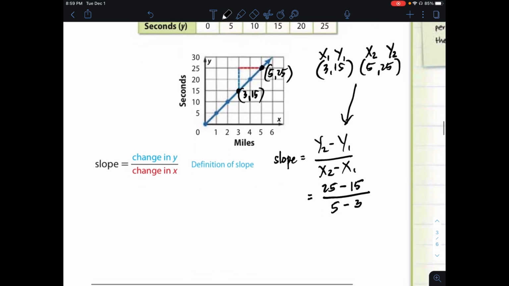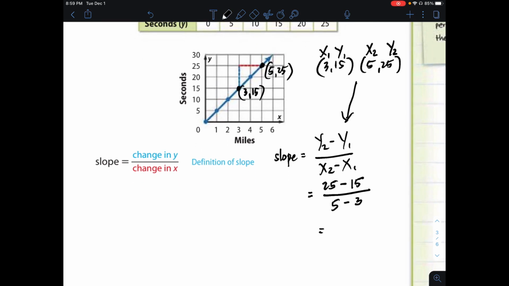So that's how we use it, and therefore this becomes 10 over 2, or the simplest form is 5 over 1, or just 5. So the slope of this line is 5, and let's look at what the book did.